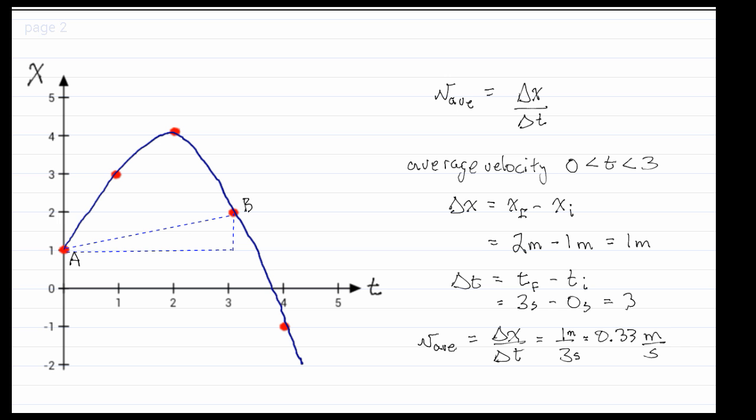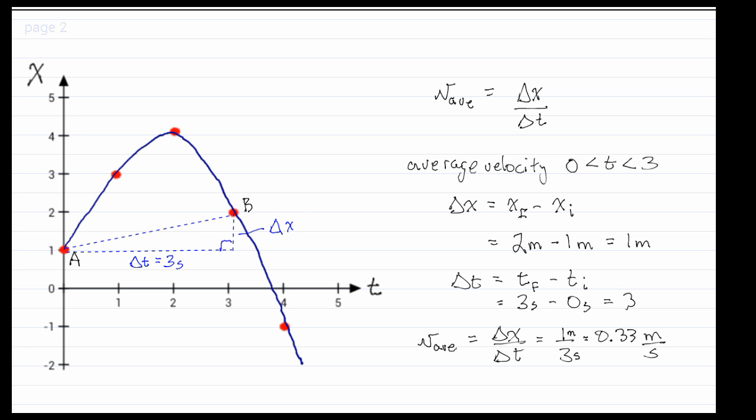Let's label a few of these sides. Let's look at the horizontal side here. That side that I'm pointing to is the change in time, so we can label that delta t, and that is 3 seconds. And the vertical side right here, that's our change in position. So let's label that delta x.